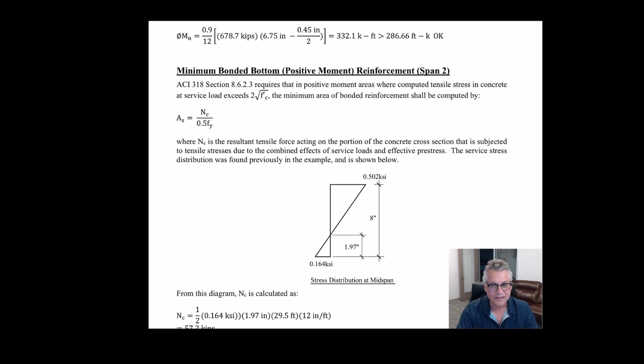Because that's where the code and very smart people like my dad, I think, and others decided that it would be a good idea to add bonded reinforcement. And they're saying at 2 square root f'c. Now stop and think about that for a second. We analyze and we say that concrete cracks at 7.5 square root f'c.